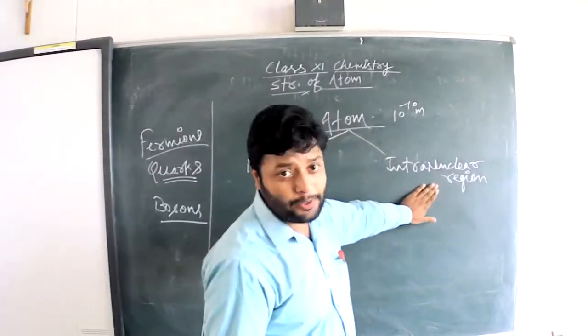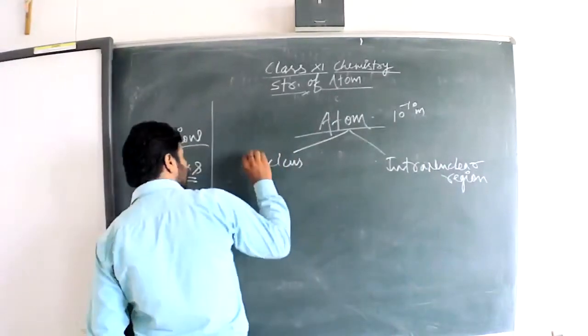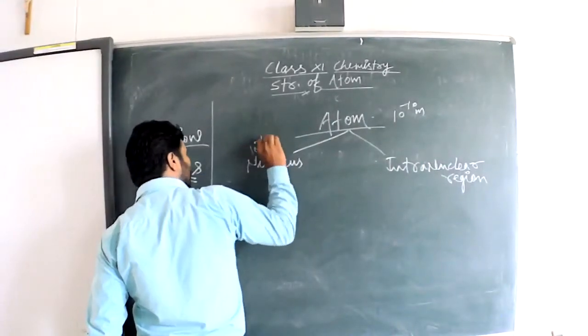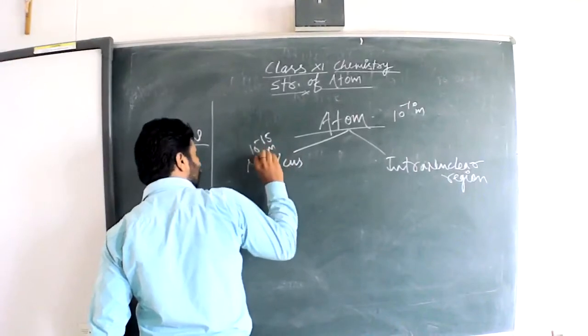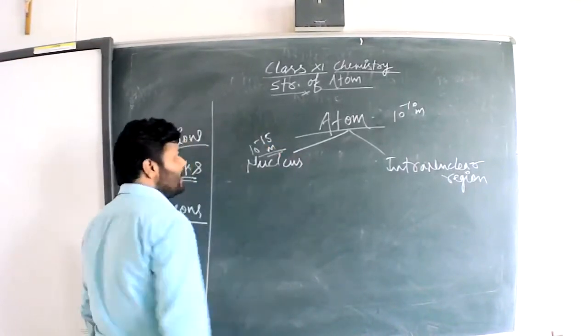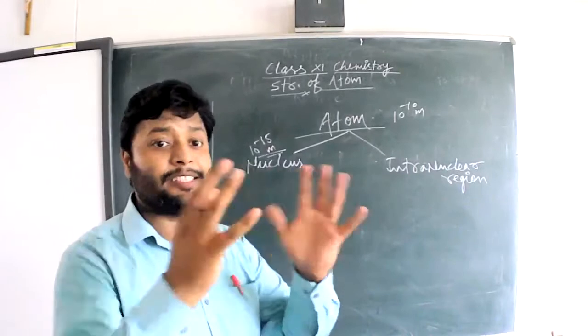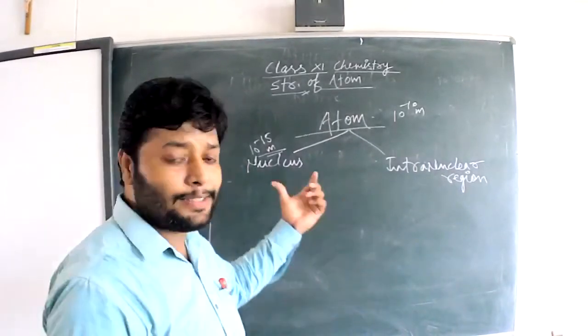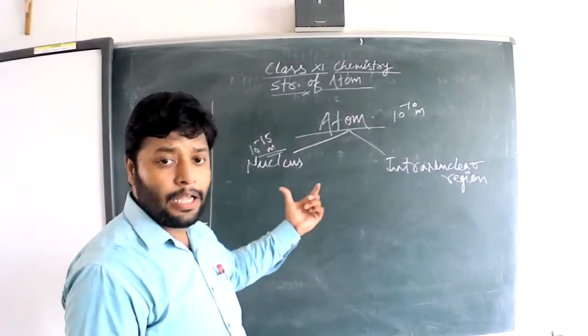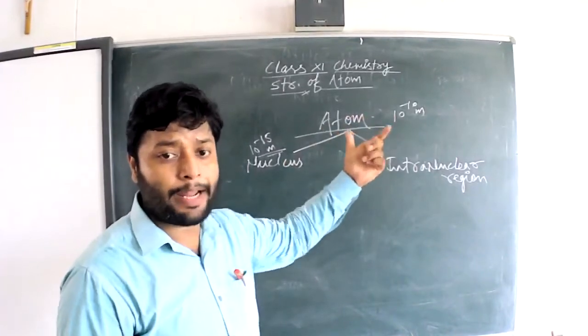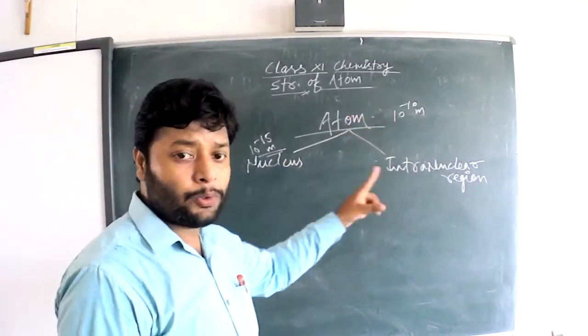Nucleus and intranuclear region, what do we have? The size range of the nucleus is 10 to the power minus 15 meter, and the size range of the atom is 10 to the power minus 10 meter. Atom is made up of two things only.